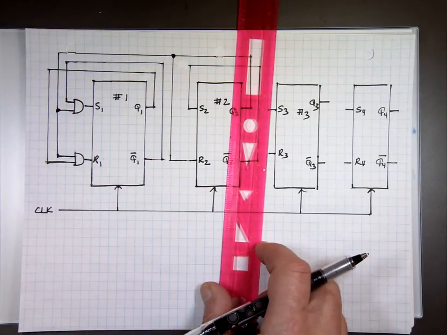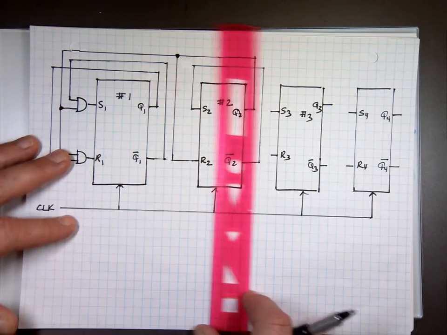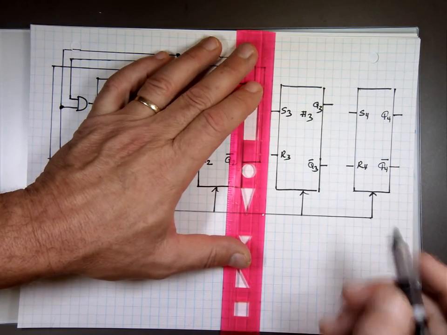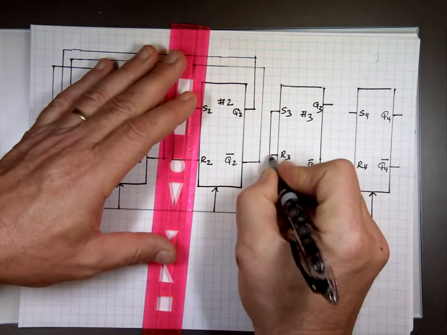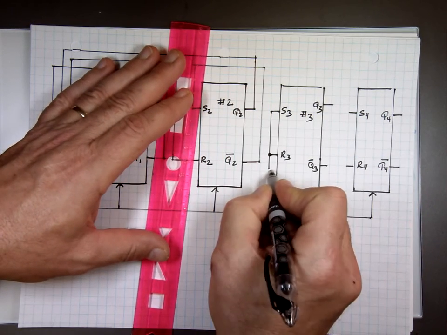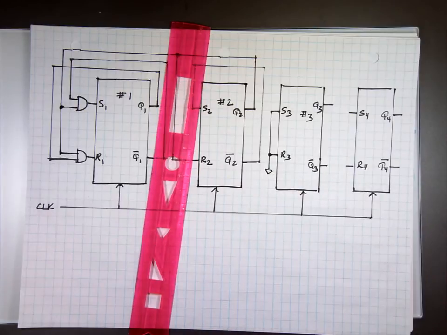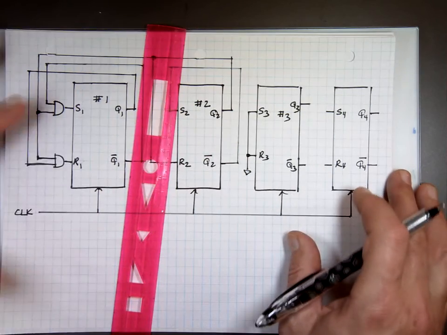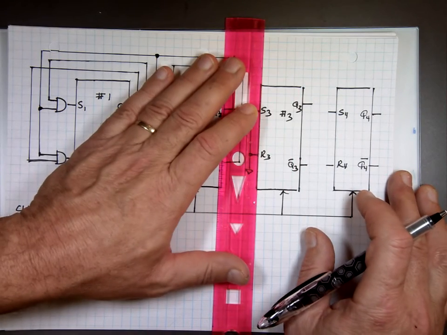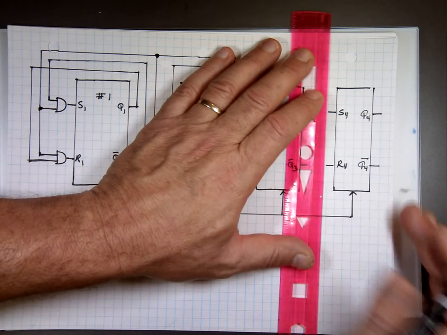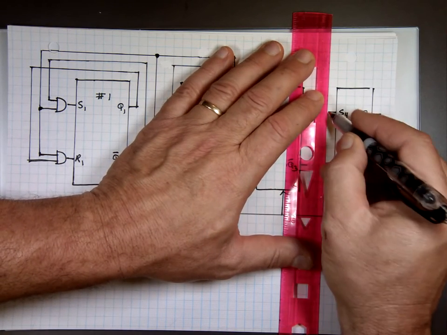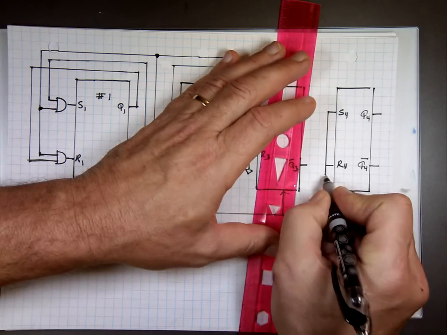Make my life easy, I'll just make a wire here, and both go into it, and that's ground. And what is S4 and R4? I can do the same thing. I can make my life easy the way they're drawn here and attach it to ground. And now there's my design.